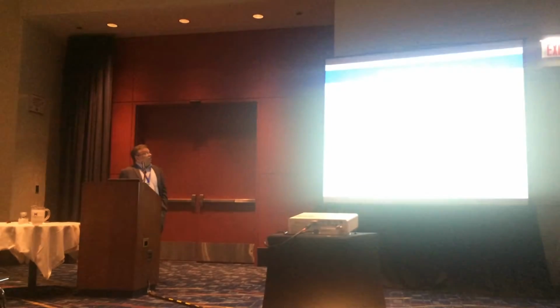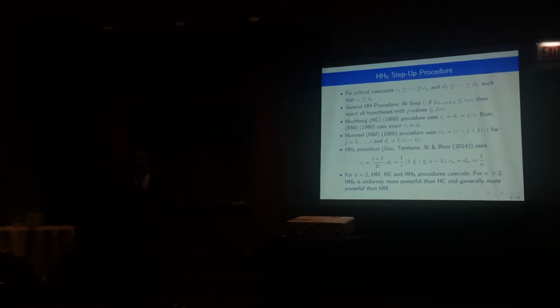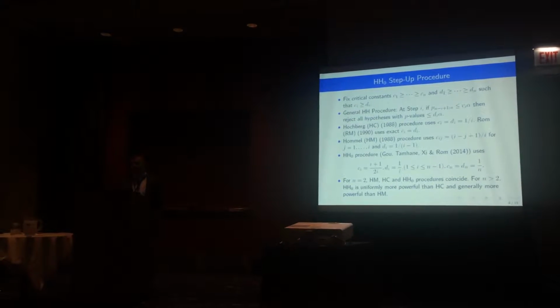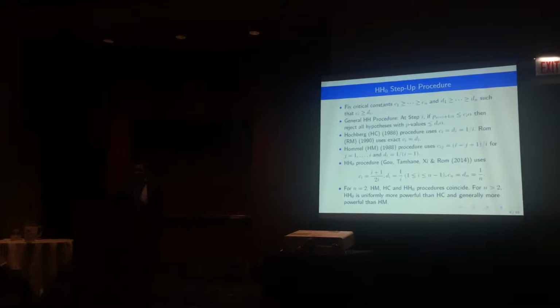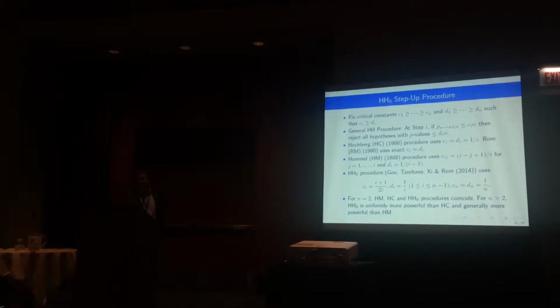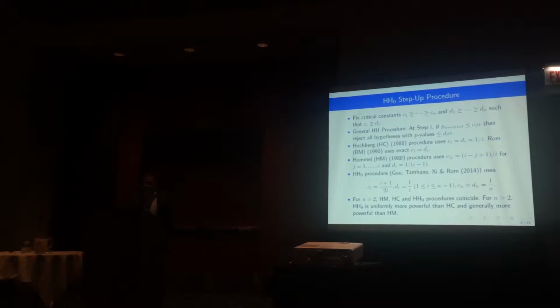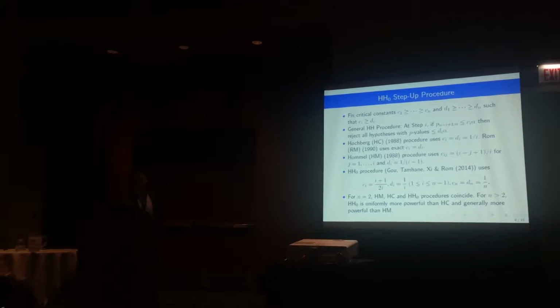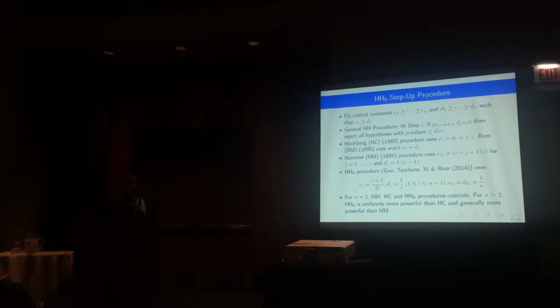So we define this HH0, where the first H stands for Hommel and the second H stands for Hochberg. We actually started off putting 3 H's because there was a hybrid, but we decided to just stay with 2 H's, and it's a special case of a general class of HH step-up procedures.